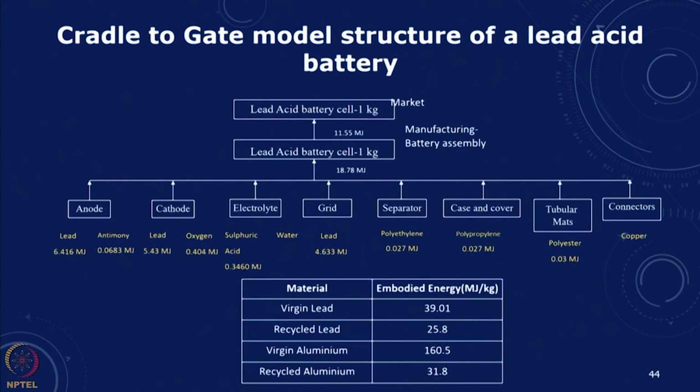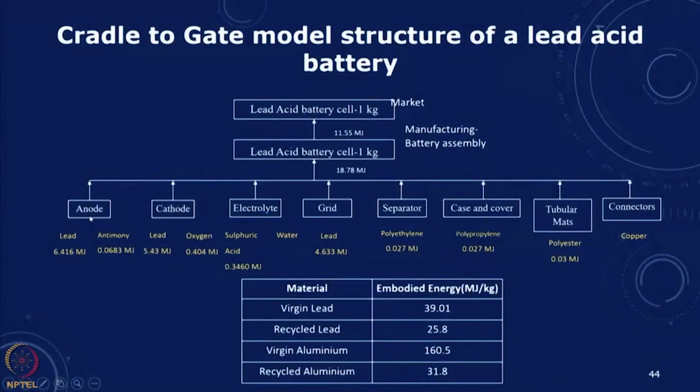We've done a cradle to gate kind of analysis of the different types of batteries, and tried to see what it means in terms of embodied energy. I'd like to show you some of the steps involved and how one goes about this analysis. For more details, you can see the paper which has been written by Jani on this project.